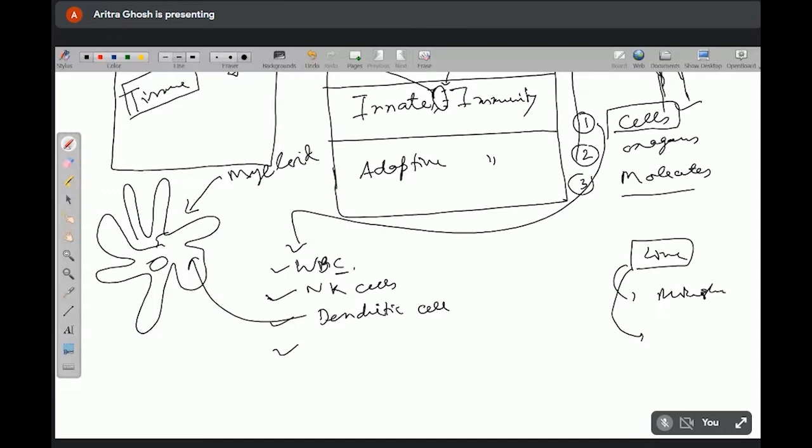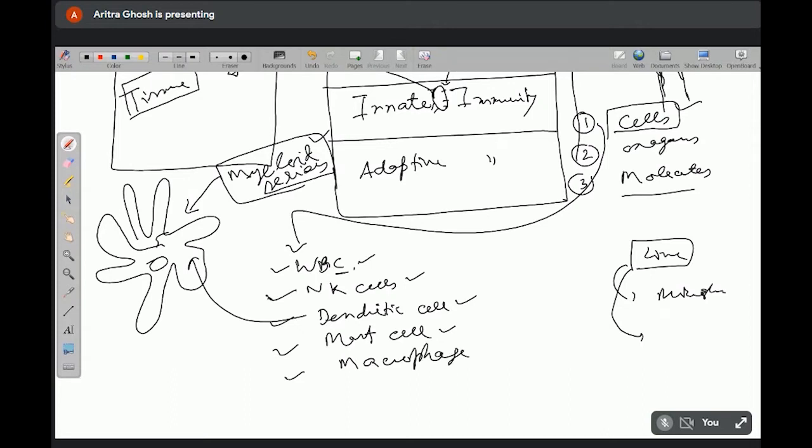Now whenever in this tissue, suppose this is a bacteria, I am dealing with bacteria, that may be any type of virus, that may be any type of fungus, that may be any type of parasite. Okay, so these are the microbes.